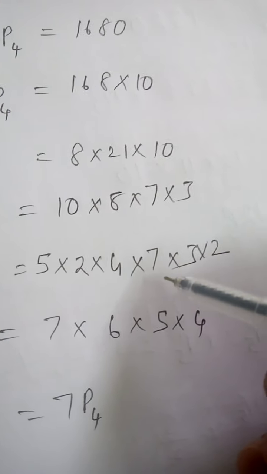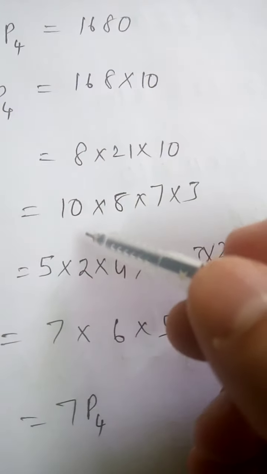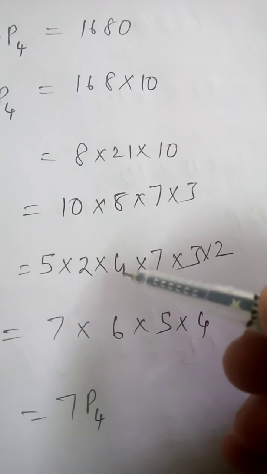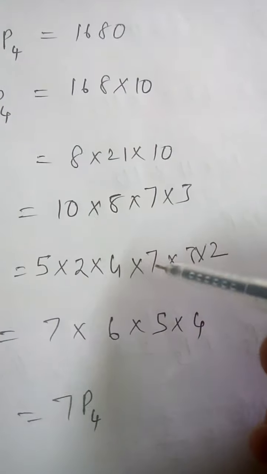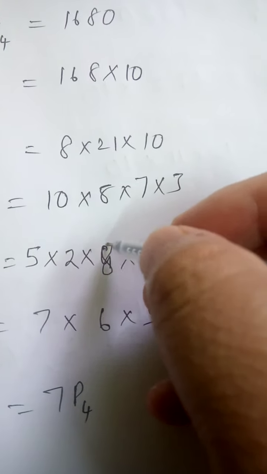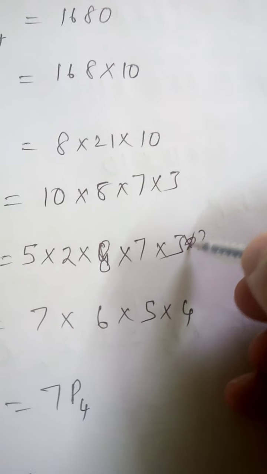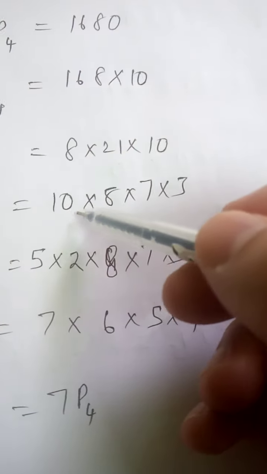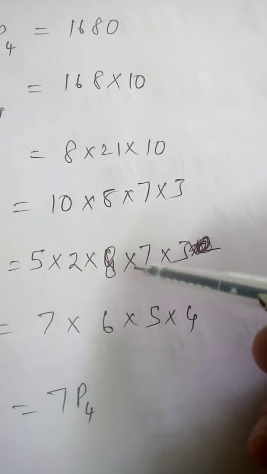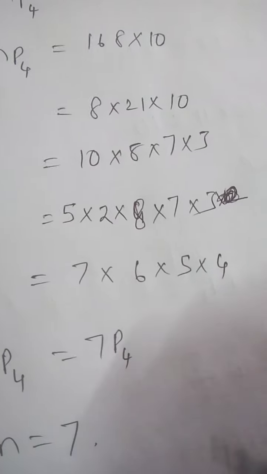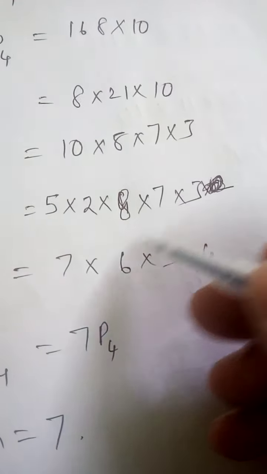So this is 5, 8, 7, as it is. This 2 I will not write here. So 10 can be written as 5 into 2, and this will actually be 8, 7, 6, 5.